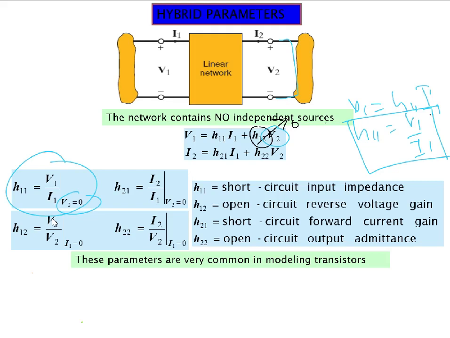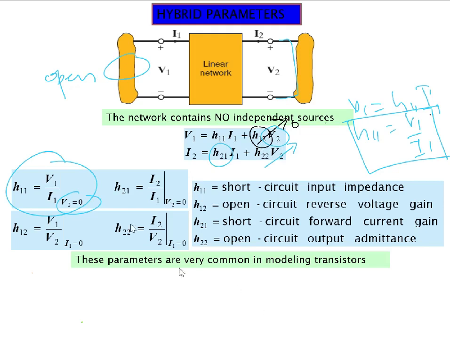How can we make I1 equal to 0? By letting this side open. So for the first parameter we had to short the voltage side, and for the second parameter we should let the first side open. This is the method. We can also make the same V2 0 and find H21.